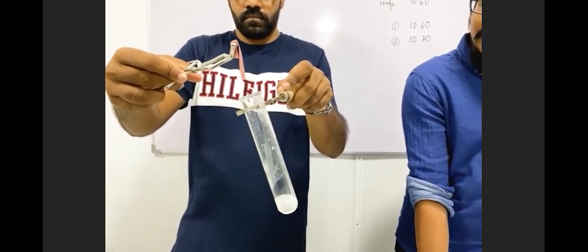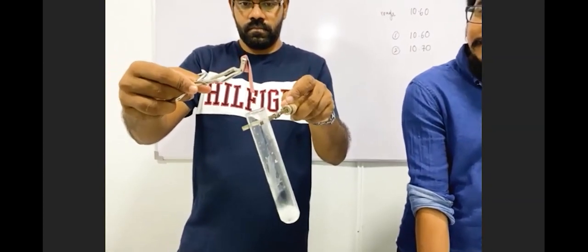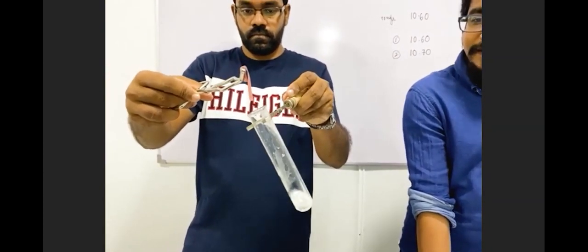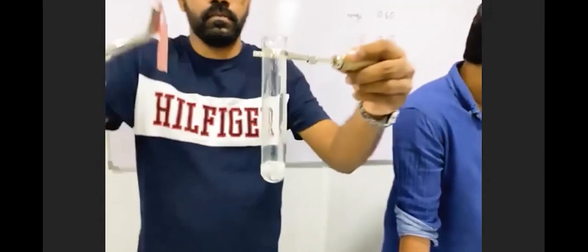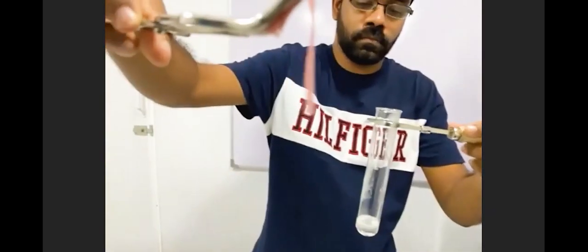So you can see, unlike in the other one, the color is not actually changing in the litmus paper, but there's some observation going on in the test tube. When you write down the observation, you have to write down whatever you see. So litmus paper didn't change the color, and there was effervescence in this solution.